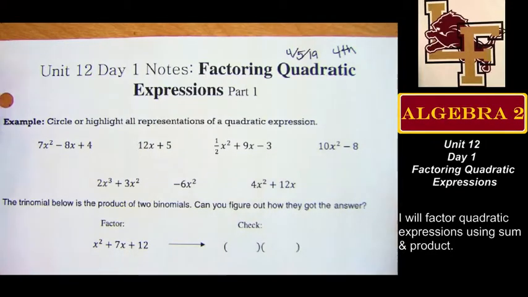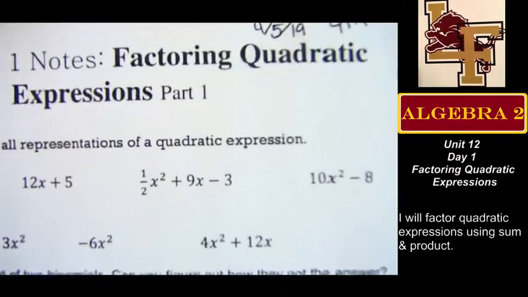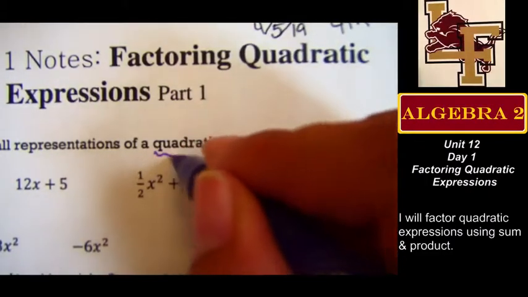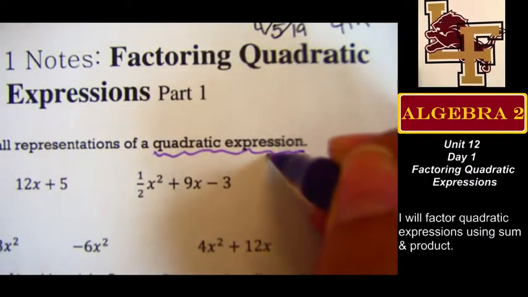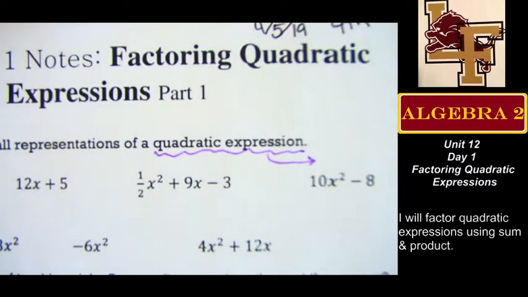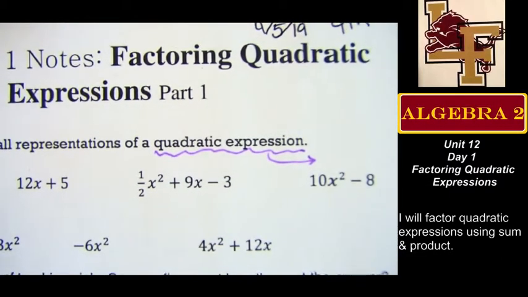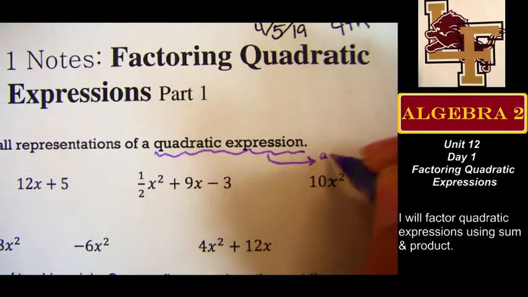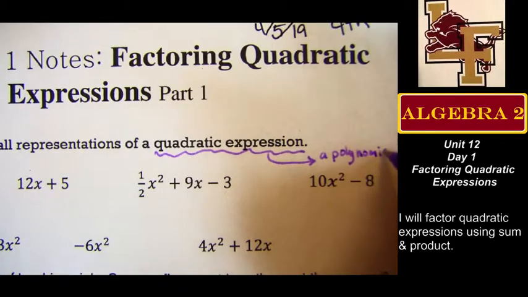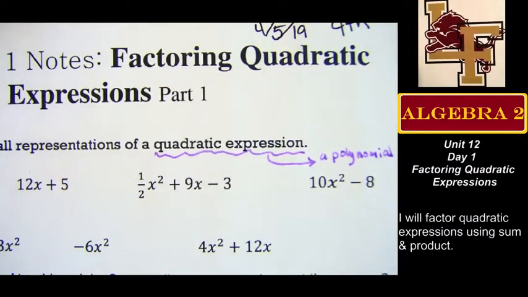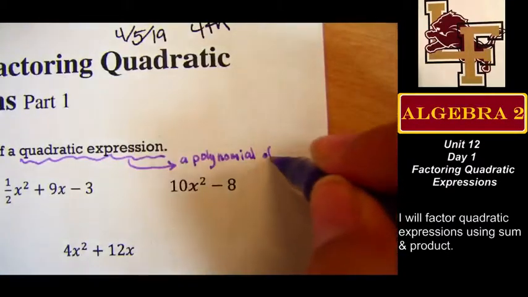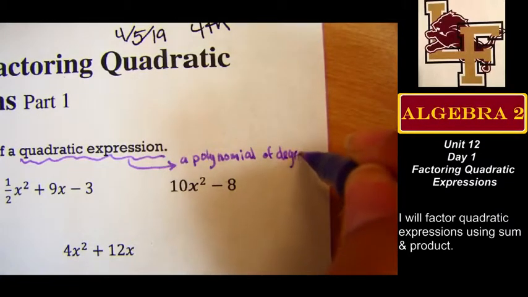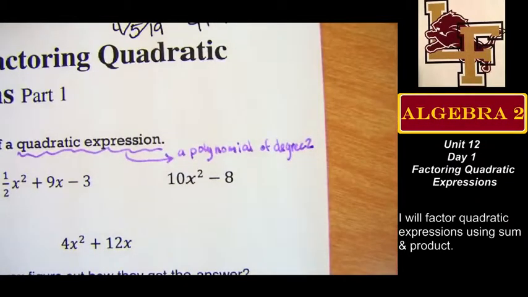All right. Before we do that, though, we need to talk about what's a quadratic expression. So like the ones that have the x squared. Yeah, the ones that have the x squared. You're not wrong. Here's our more formal definition of it. It is a polynomial. That means it has one or more terms of degree 2.